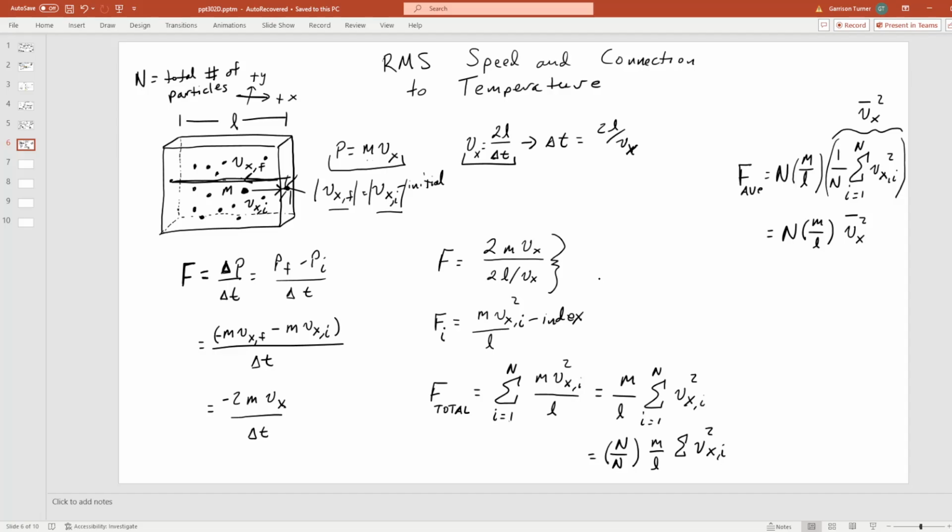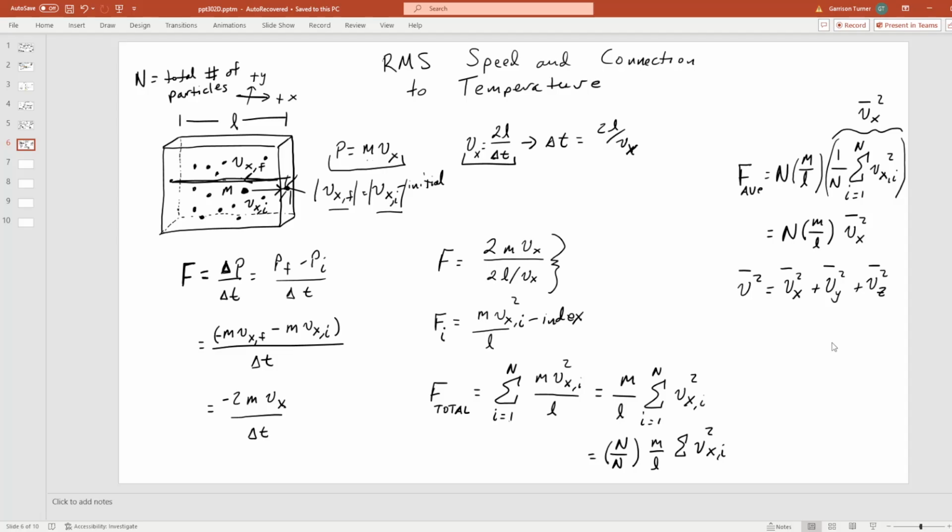And so we can use the general rule that the average of the square velocity is equal to the sum of the averages of each component.